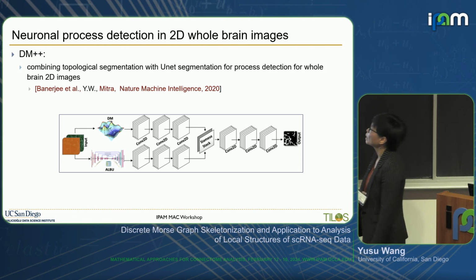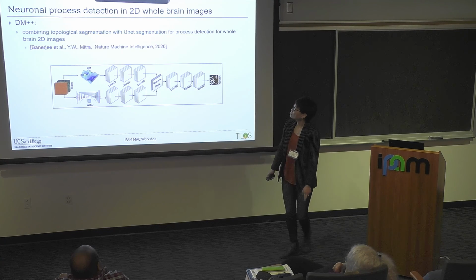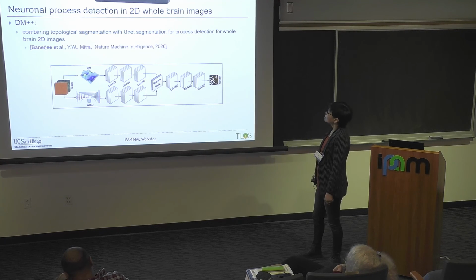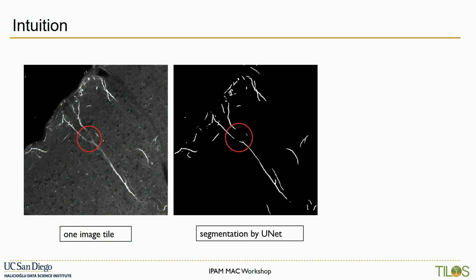Let me just mention that with Partha Mitra's lab, we did also try to use this to do cell processes detection in 2D images. The idea is the following. The standard segmentation, state-of-the-art machine learning segmentation tools such as UNet, which is based on CNN, capture signals very well, but when you have broken places, they can miss the connectivity because it's not in their loss.